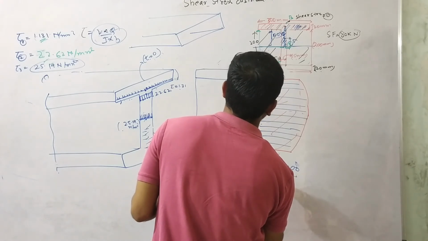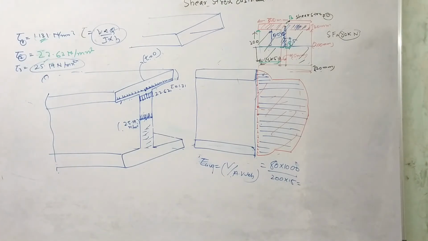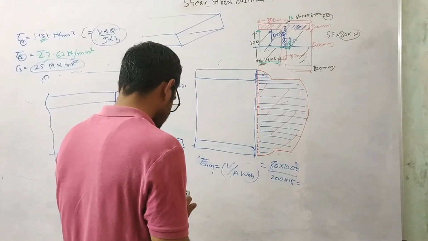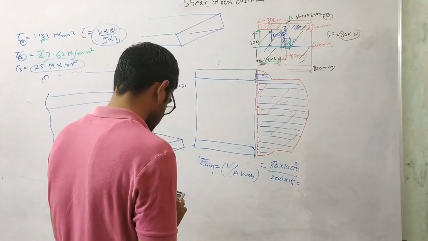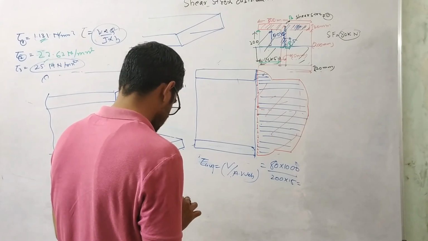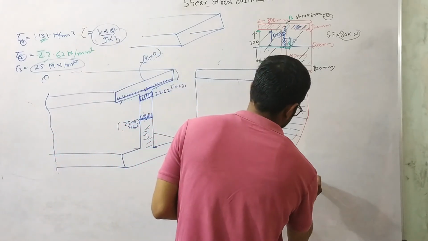Area of web is what? 200 into 15. If I calculate this, it is 26.667.